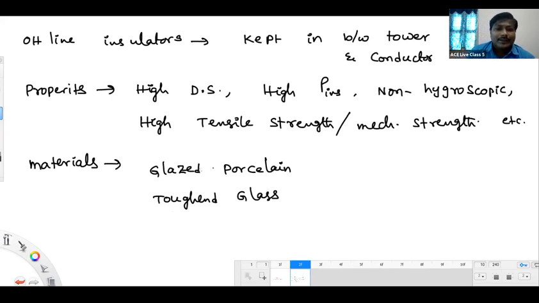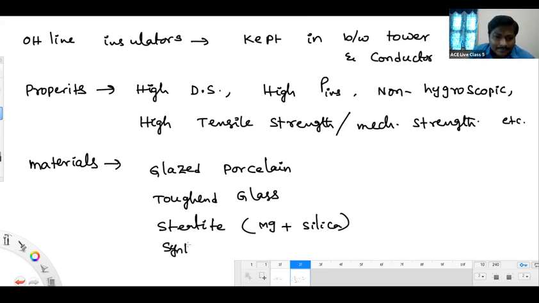Glazed porcelain, toughened glass, and then we have steatite, which is a combination of magnesium and silica. And we have some material like synthetic resin.